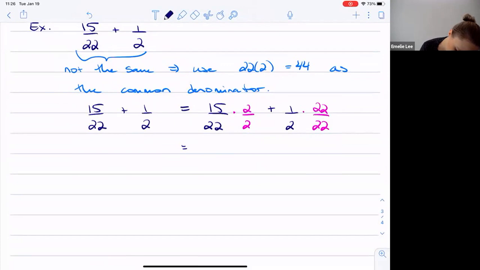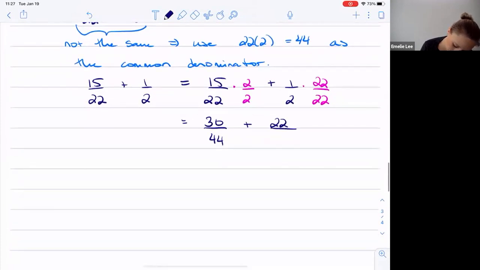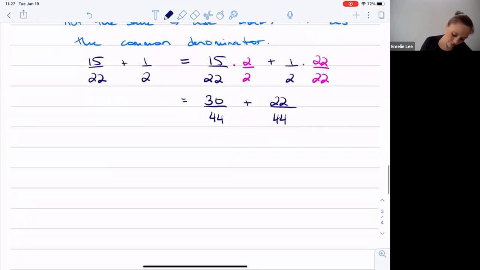So 15 times 2 is 30 divided by 22 times 2, which is 44, plus 1 times 22 is 22 over 44. Notice that 22 over 44 is still 1/2, right, if you reduce it. And of course, 15 over 22 is the same as 30 over 44. Because that's the whole game, right? We're not changing anything.